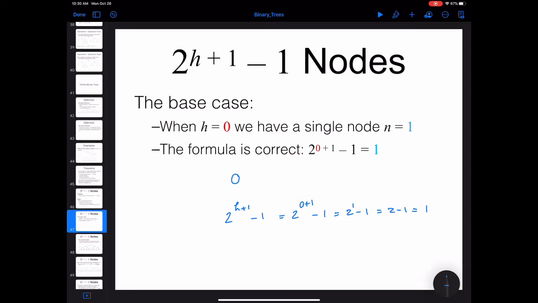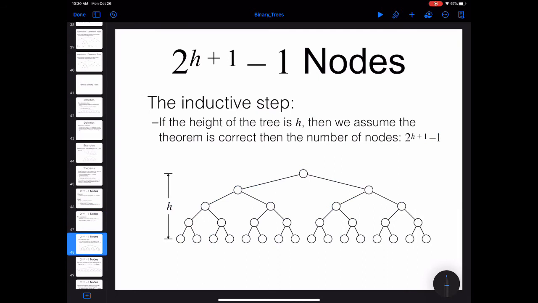So now I am going to prove the inductive step for the induction. The inductive step has one assumption that tells me to assume the theorem is correct for all trees of height less than or equal to h.